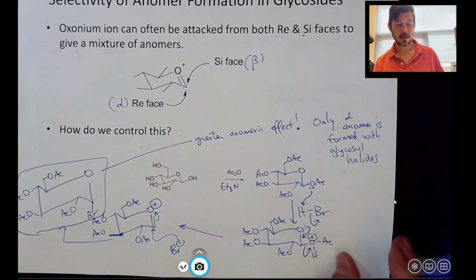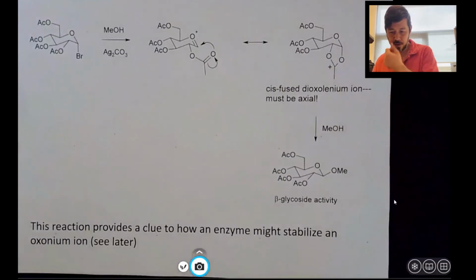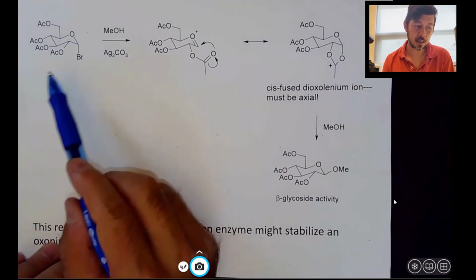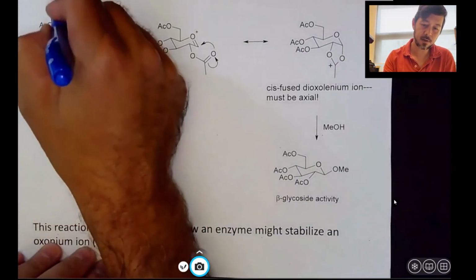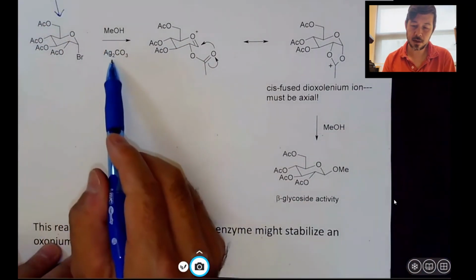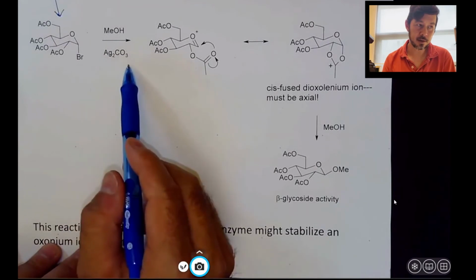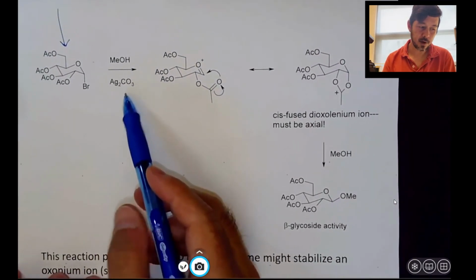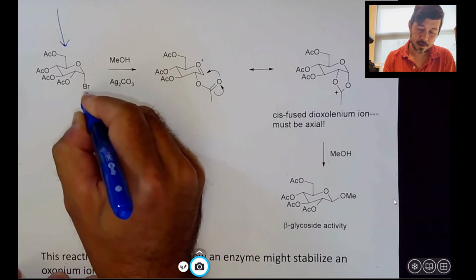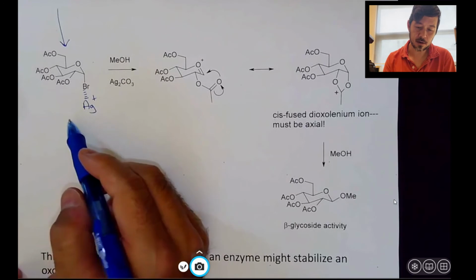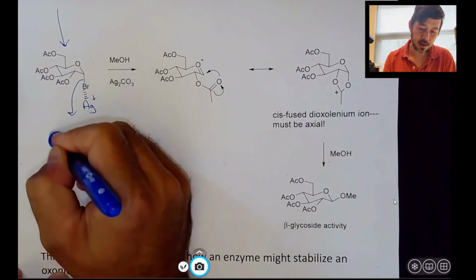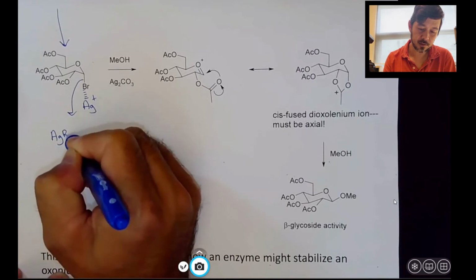And then what we can do is we can use this glycosyl halide to our advantage. So taking the molecule that we just generated, if we treat this with methanol and silver carbonate, the silver in solution will have some type of interaction with the Br, and it's really going to want to come out and precipitate as silver bromide in solution.